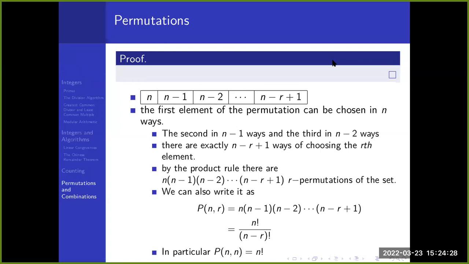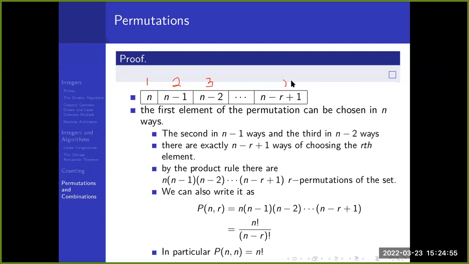So we want to pick a set of R elements from a set with n objects. So basically, if you look at it in terms of counting, we have exactly R jobs to do, because we want to pick R numbers.